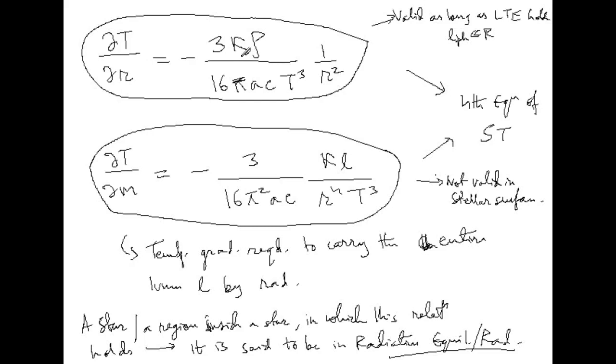So this kappa must represent a proper average over frequencies, and this average must be taken in a particular way. This is our next topic, where we will discuss the proper average for this opacity coefficient, and that is the Rosseland mean opacity.